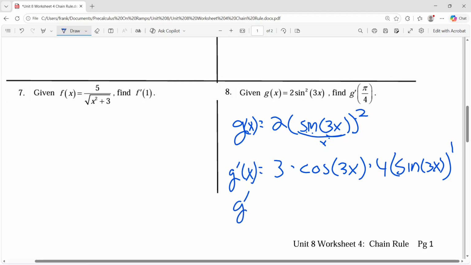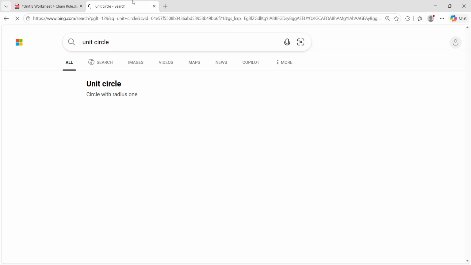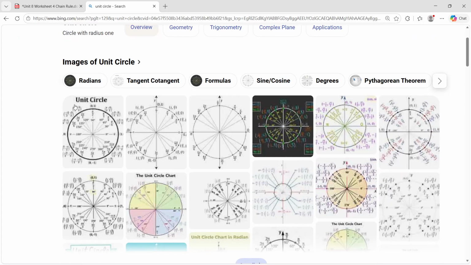G prime of pi over 4 equals, well, 3 times 4 is 12, cosine of pi over 4 times 3 is 3 pi over 4. Recall your unit circle. Let me show you the unit circle. All it's going to do, it's going to be pi over 4, but maybe the sign's going to be different.